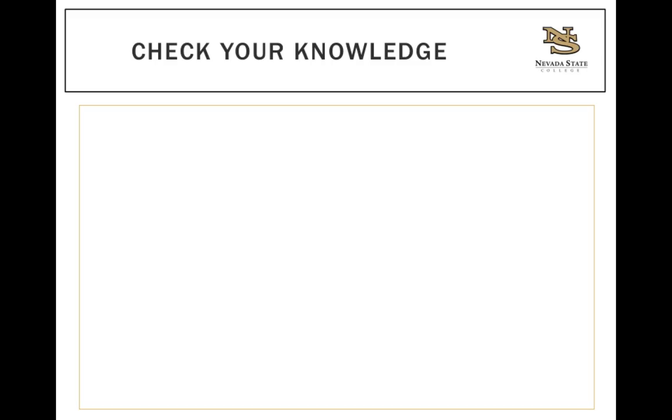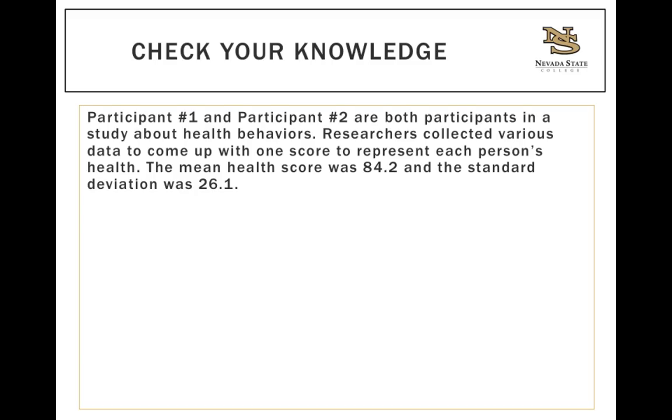Okay, let's just jump right in. So participant number 1 and participant number 2 are both participants in a study about health behaviors. Researchers collected various data to come up with one score to represent each person's health. So you can imagine maybe they took how much they smoke, or how much they exercise, how much they sleep, how well they feel.